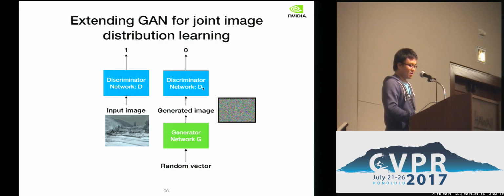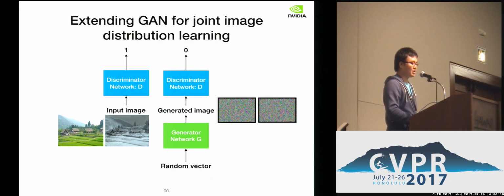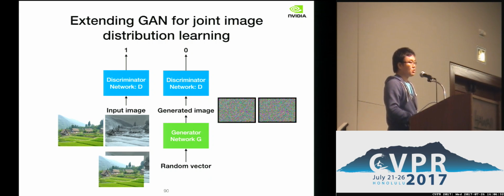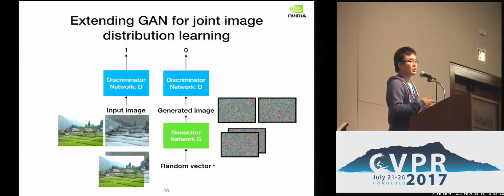To extend to multi-domain, because you have corresponding images, all you need to do is to concatenate those images in the channels. So instead of 3-dimensional, it becomes 6-dimensional. Your generator maps a random vector to 6-dimensional images, and you can split them into two halves. This way you can learn the joint distribution. Very simple extension to the distribution of multi-domain images.